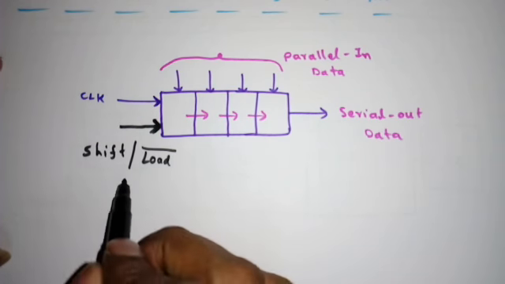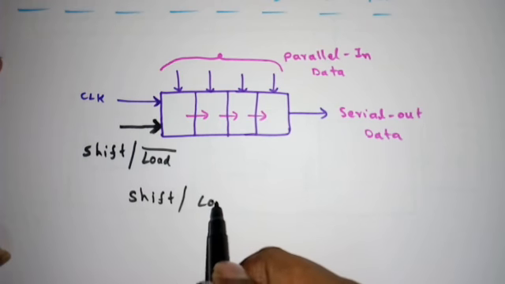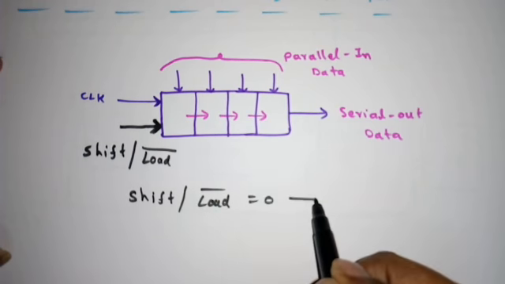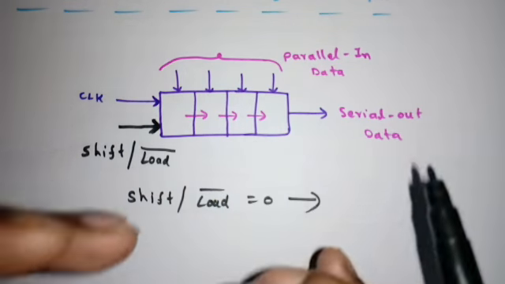The operation is very simple. When shift or load bar is equal to 0, load bar becomes 1, which means the loading will happen.